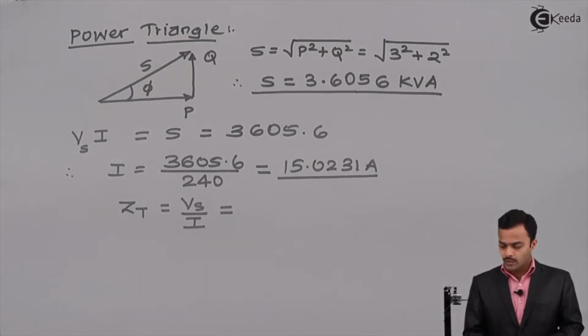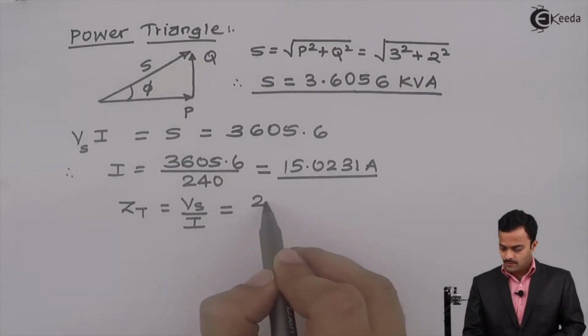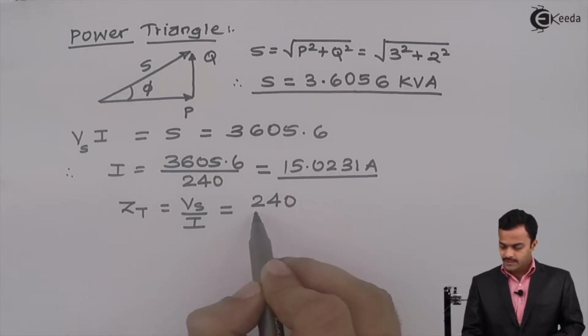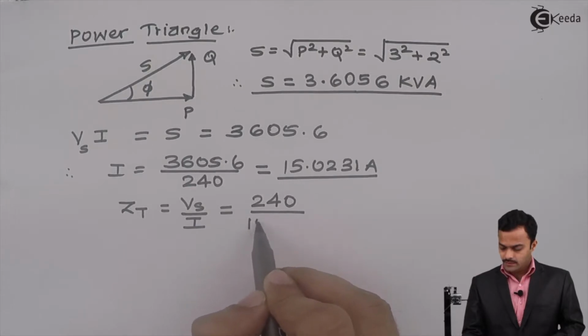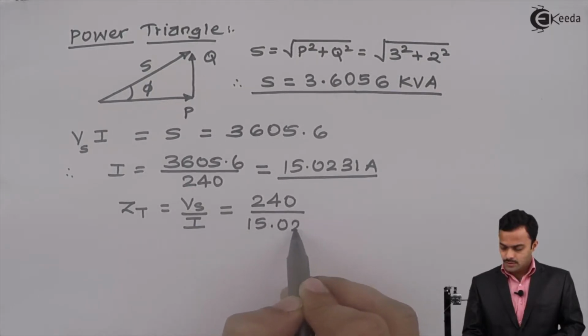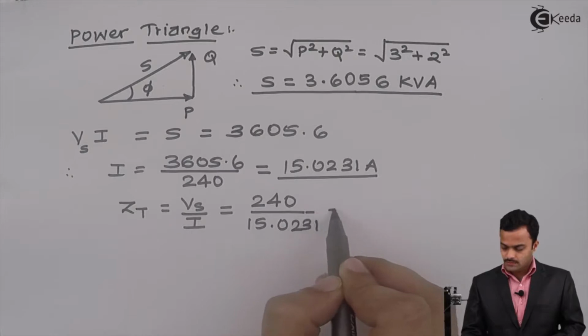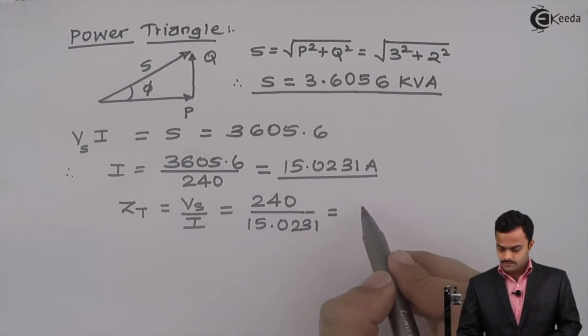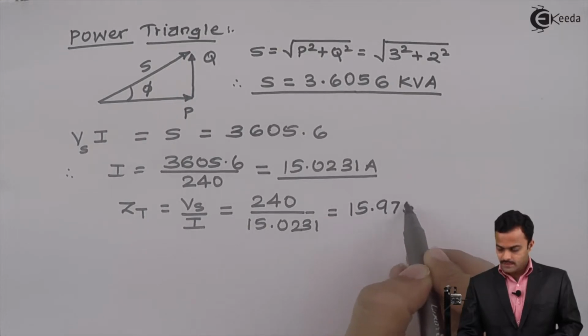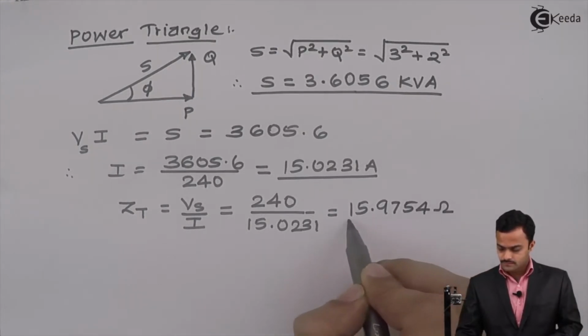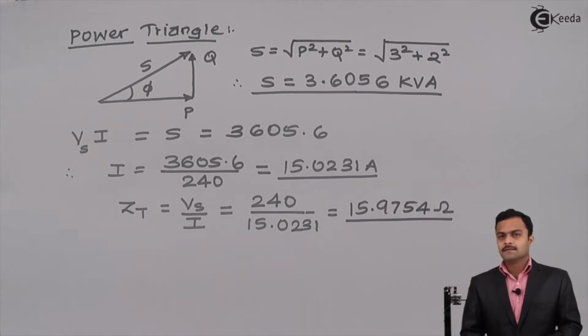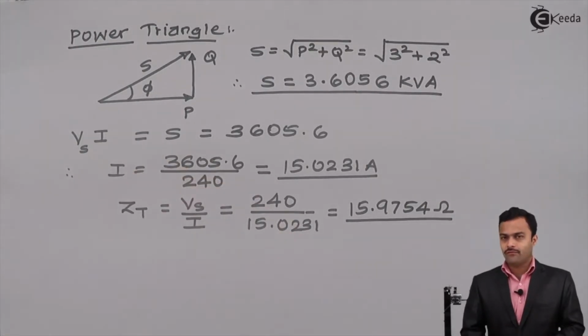So this is equal to 240 divided by 15.0231 equal to 15.9754 ohm. This is ZT. Now I am going to use an impedance triangle, but for that I should know what is the value of phi.